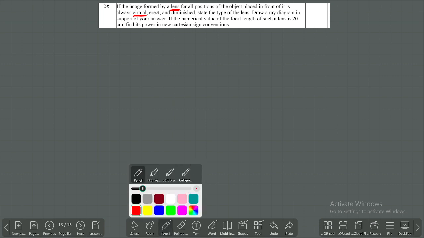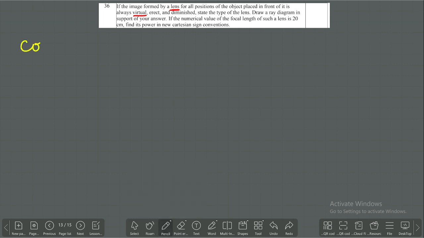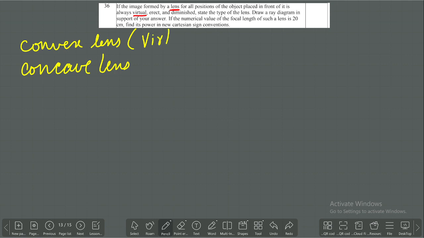One is called convex lens and another one is called concave lens. The convex lens has the ability to produce both virtual and real images. But concave is the only lens which has the ability to produce only virtual images.